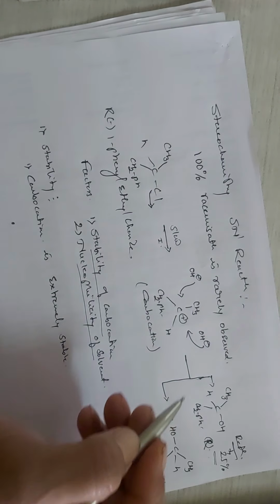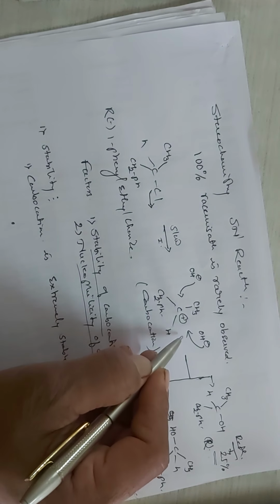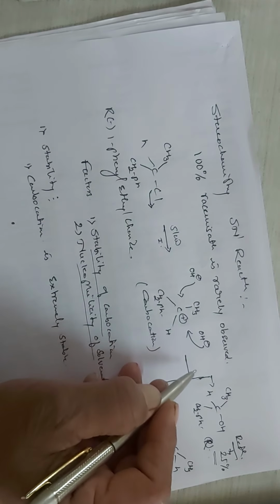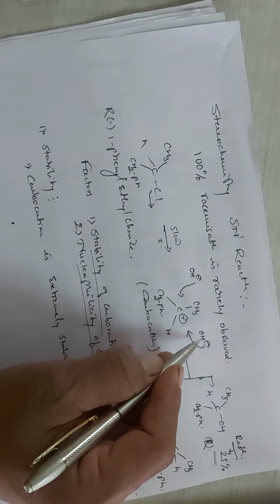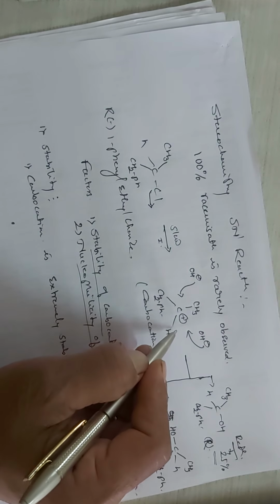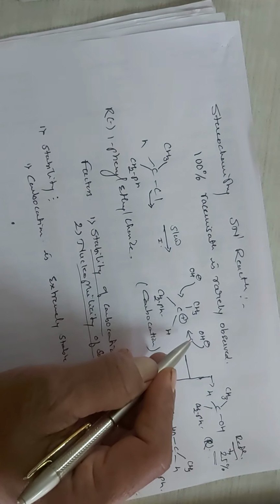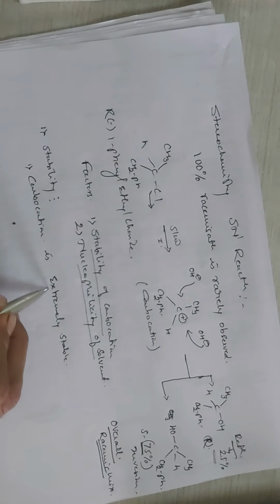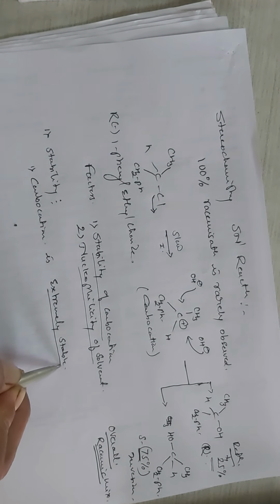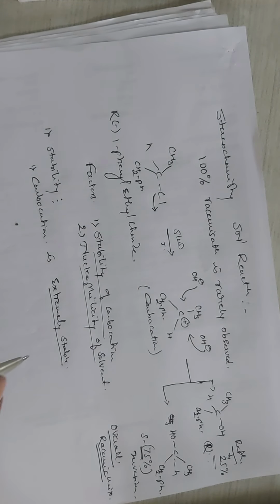When the leaving group goes away from the carbocation and the OH can attack from the front side, you will get maximum retention. Means if the carbocation is extremely stable, you will get retention in configuration.